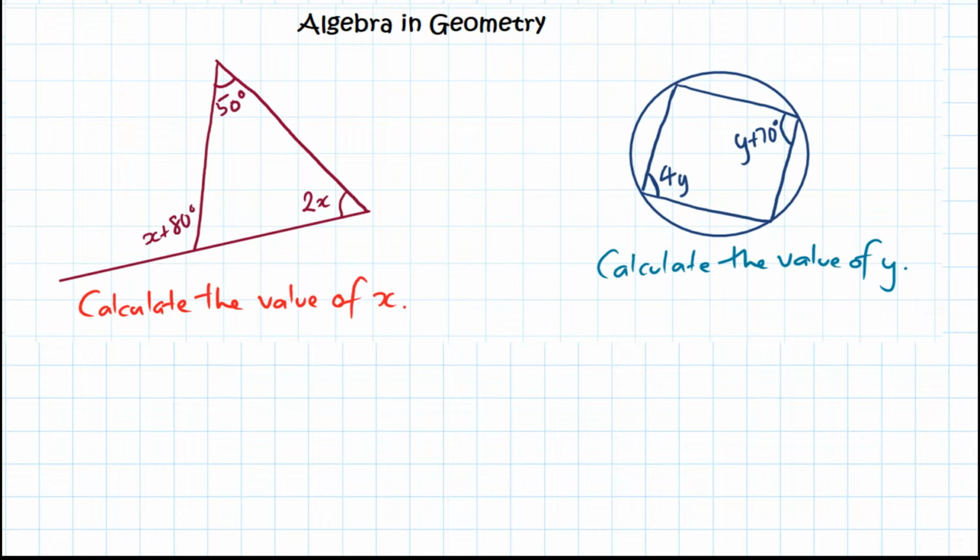This first example here, we've got a triangle and we've also got a straight line. So what we want to do is use those rules to work out what x is. Straight line here, a straight line there.